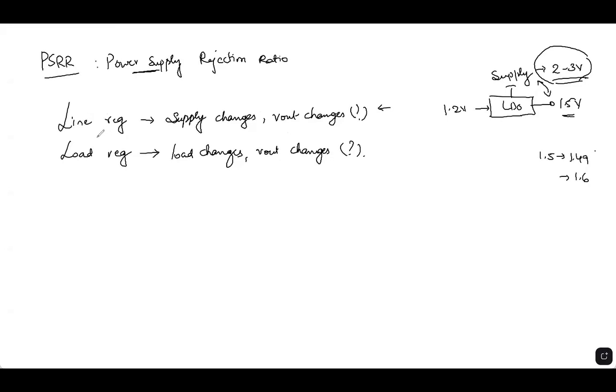see, line regulation is more of, let's say you're regulating at 1.5. X-axis is the supply. So from 2 to 2.3 it was okay. From 2.3 it started to deviate and it started to go up.